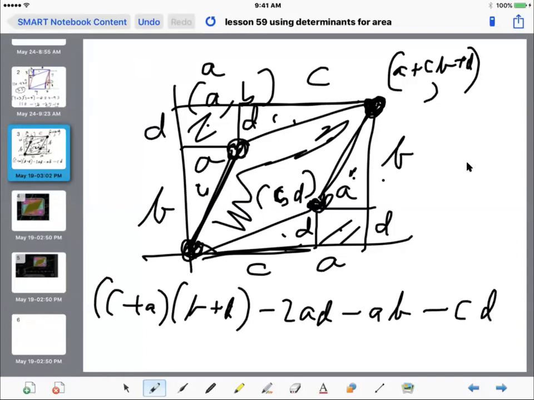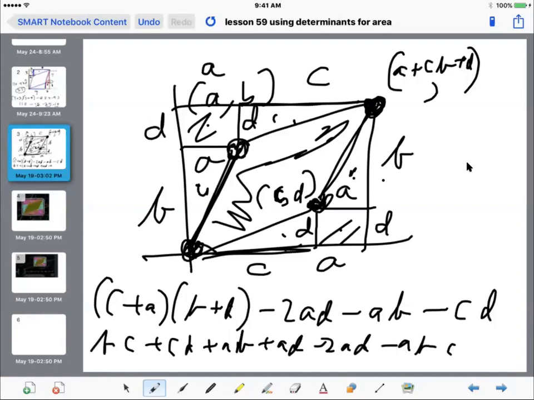If you FOIL this out, BC plus CD plus AB plus AD minus 2AD minus AB minus CD, the CDs cancel out, the ABs cancel out, and the AD minus 2AD turns into minus AD. And we end up with BC minus AD.